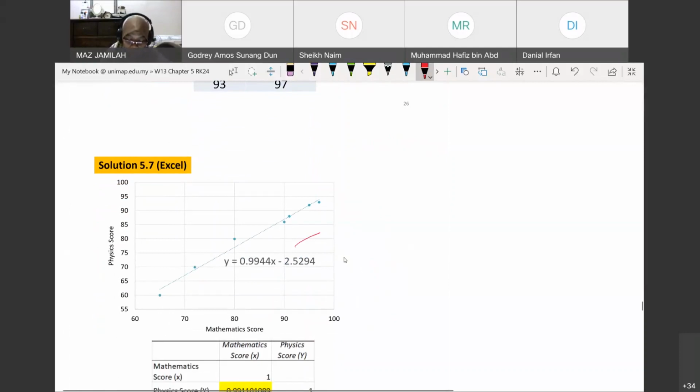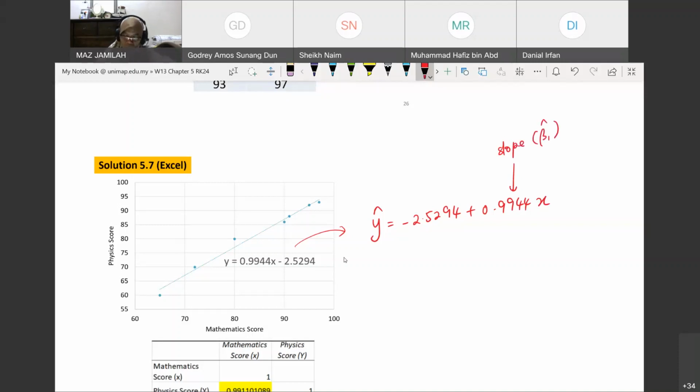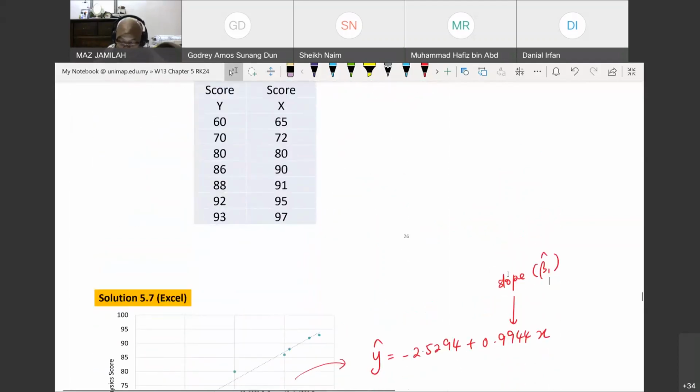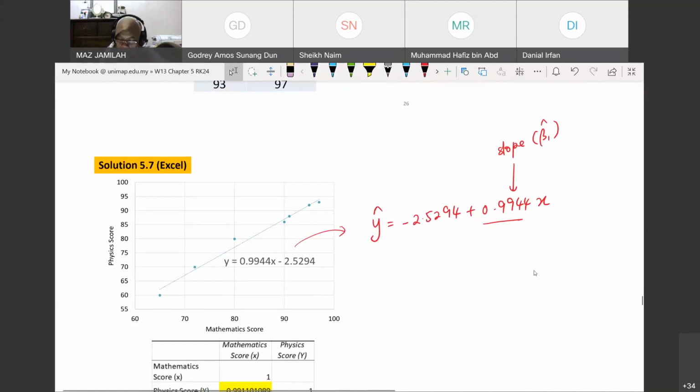If I rearrange in terms of writing, because I like to have the intercept at the beginning, I have y hat is equal to negative 2.5294 plus 0.9944 x. Okay, which one is my slope? This is my slope, which is my beta 1. What does my slope mean? You need to interpret the slope.